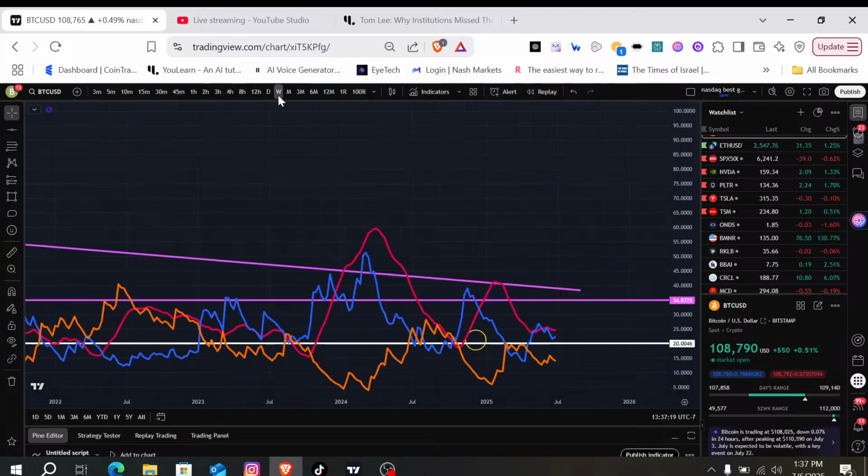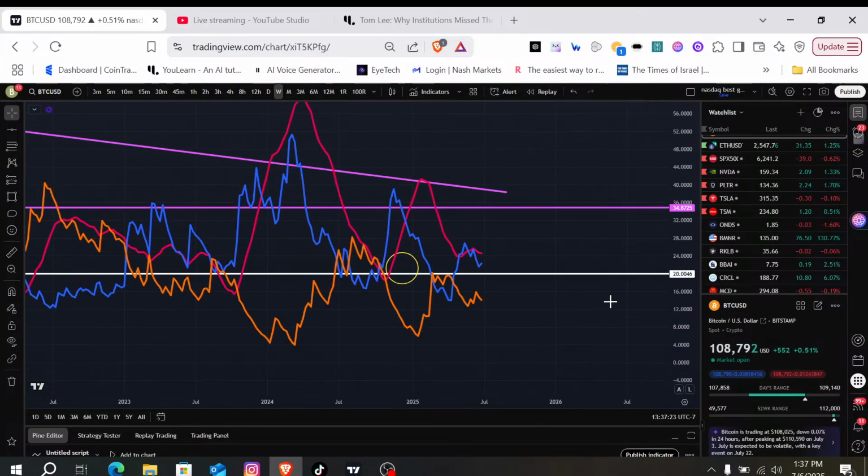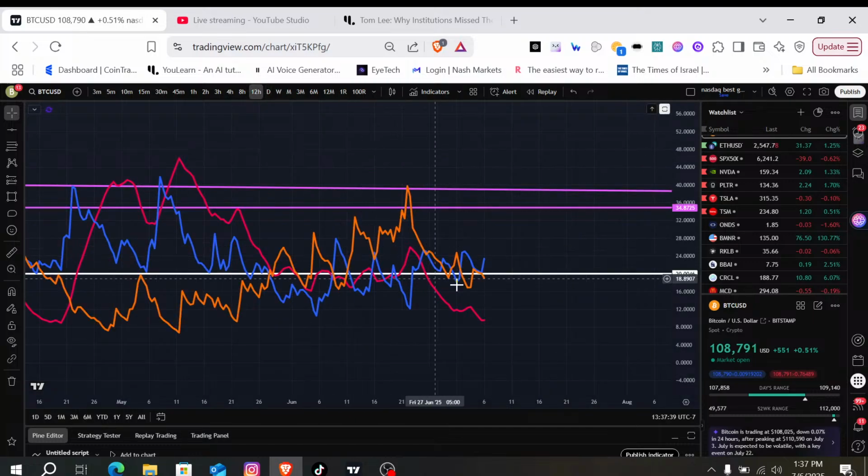Now I'm going to go to the weekly. We want to find these right here, when they tighten up below the white line. You've got volume low, neutral, just bouncing around really. The daily: the uptrend is happening right now, but it's still weak.